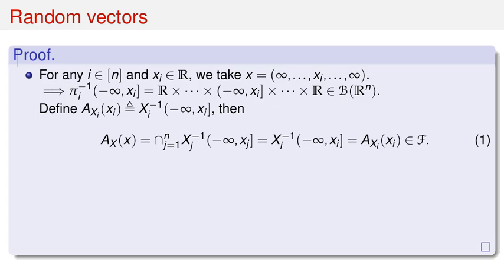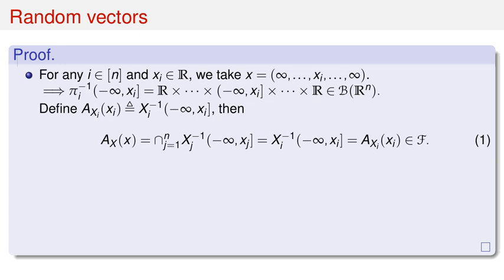Pi_i inverse of minus infinity to x_i inclusive is R cross and so on, cross minus infinity to x_i inclusive, cross and so on, cross R, which is a Borel set in R^n.